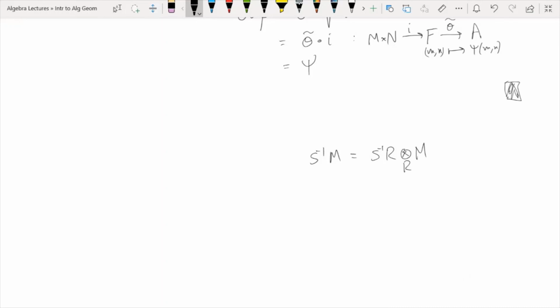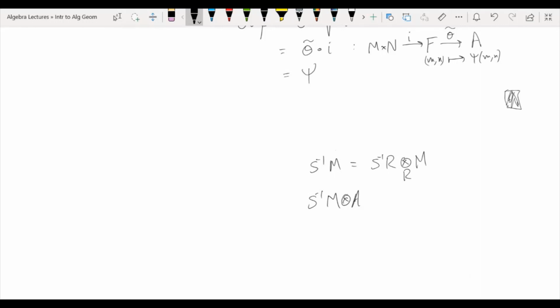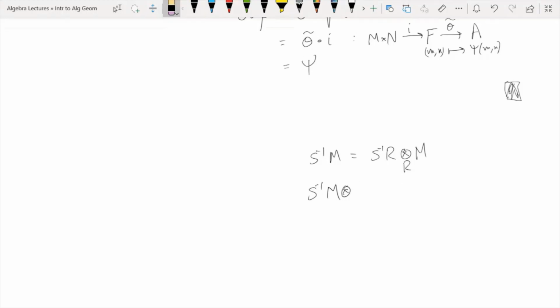So you are asking whether M tensor N localized at S is the same thing as S inverse M tensor S inverse N. It should follow from this.